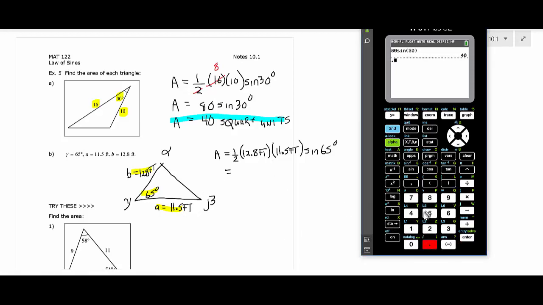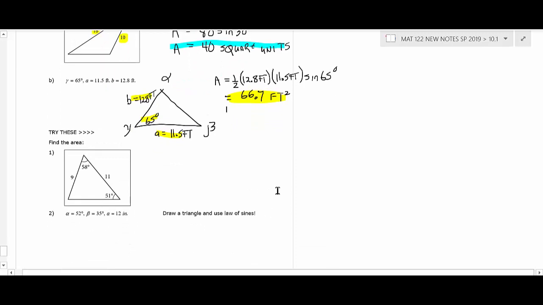For the half you can use 0.5, then times the 12.8, then times the 11.5, and the sine of the angle in between, and this would give you the area. We'll round that off to about 66.7, and again it would be square feet, because you have feet times feet. You're multiplying the two sides, so that's why you get square units. That's all there is to that. These problems are pretty simple to work out.